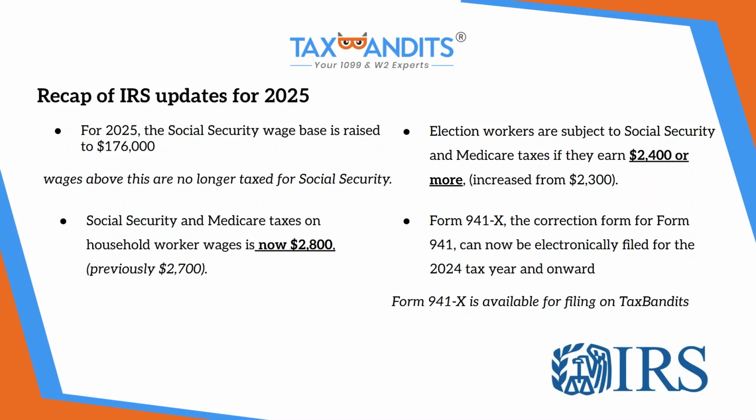The threshold for Social Security and Medicare taxes on household workers is now $2,800, which was previously $2,700. Also, election workers are subject to Social Security and Medicare taxes if they earn $2,400 or more, an increase from $2,300 in 2024.